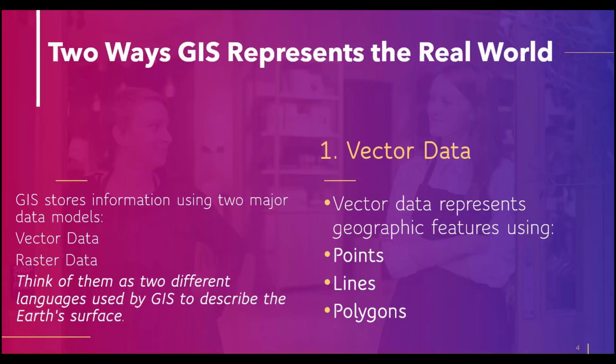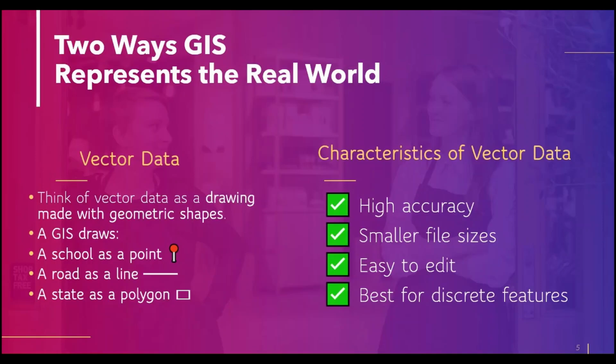A vector. Think of vector data as a drawing made with geometric shapes. So a GIS draws a school as a point, it draws a road as a line, and a state as a polygon.